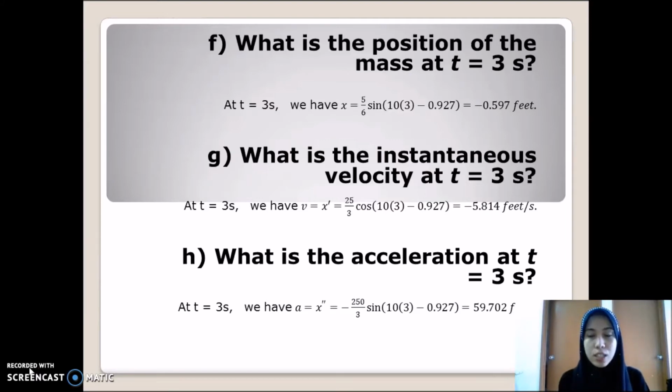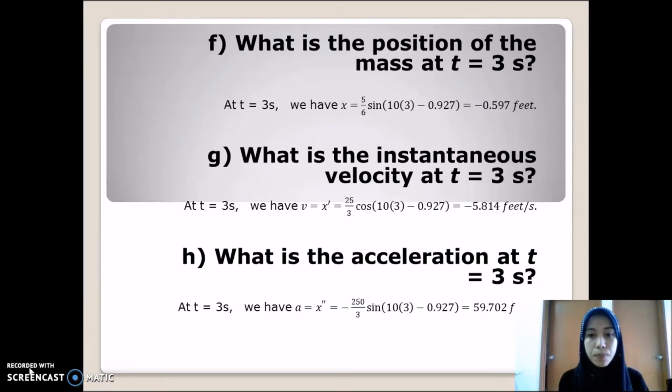Part F. What is the position of the mass at t equals 3 seconds? So we have x equal to 5 over 6 times sine of (10 times 3 minus 0.927), and the answer is negative 0.5978.